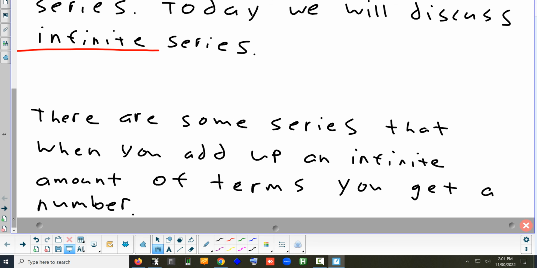So there are actually some sets of numbers that when you add them all up forever, you get very close to an answer. You guys saw an example of that in the last problem. It was like 2.9 repeated. It doesn't matter how many more numbers you added to that answer we just had. It was just going to stay 2.9 repeated. It was not going to keep getting bigger and bigger.